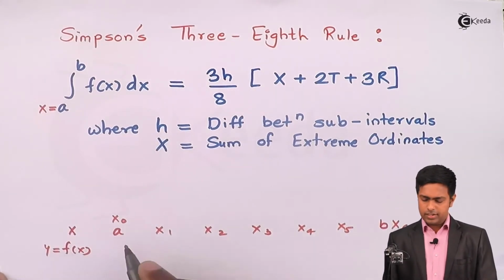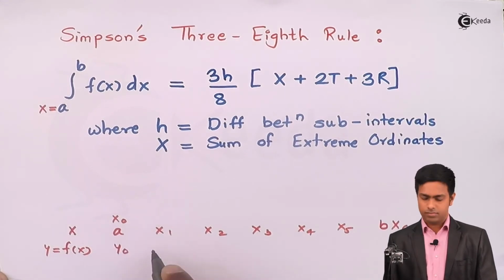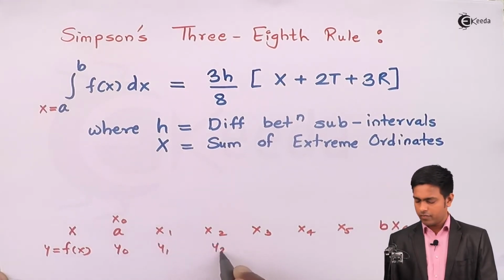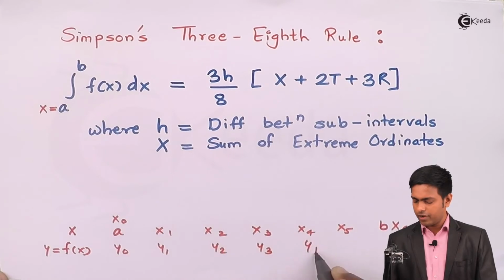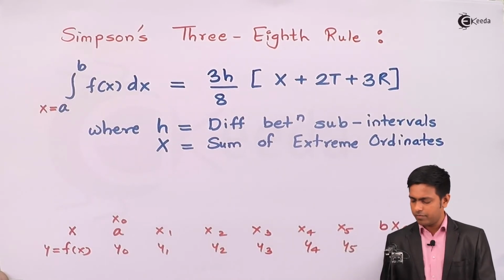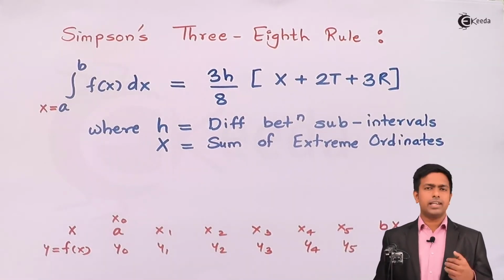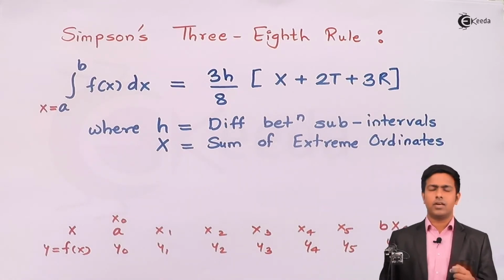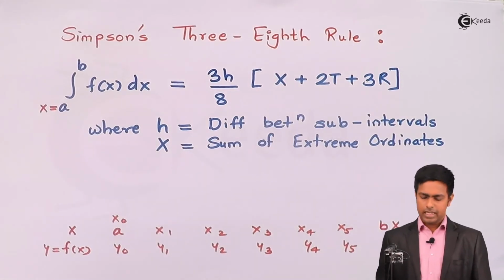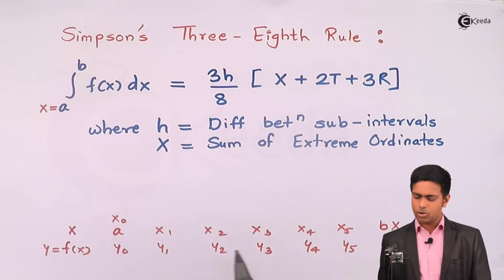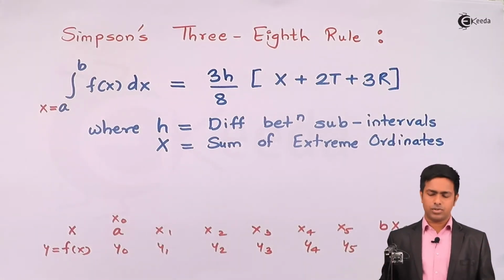So the first value will be y0, y1, y2, y3, then y4, y5, and the last value will be y6. We get the value of y for each corresponding value of x, and these values of y are called ordinates. So the sum of extreme ordinates means, in this case, the sum of y0 and y6.